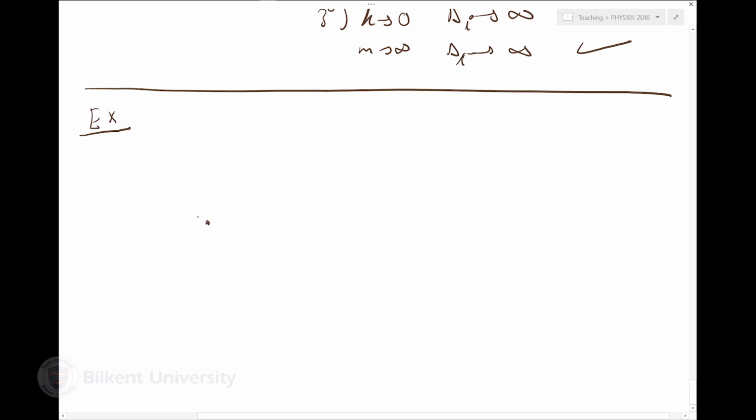So I have a pendulum with mass m. And I let it go.